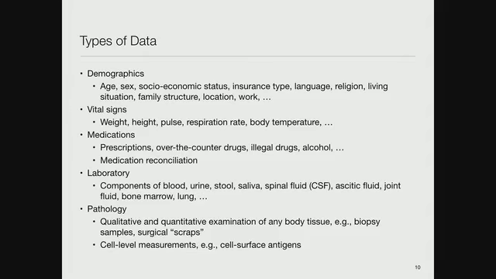So we have typical kind of electronic health record data from hospitals, demographics, age, sex, socioeconomic status, insurance type, language, religion, living situation, family structure, location, work, etc. We have vital signs: your weight, your height, your pulse, respiration rate, body temperature, etc. So these are typically the things that if you ever go to a doctor's office or you go into a hospital, a nurse will take you aside and weigh you and measure your height and check your blood pressure and take your temperature and stuff like that. These are standard vital signs, and so we have lots of those recorded.